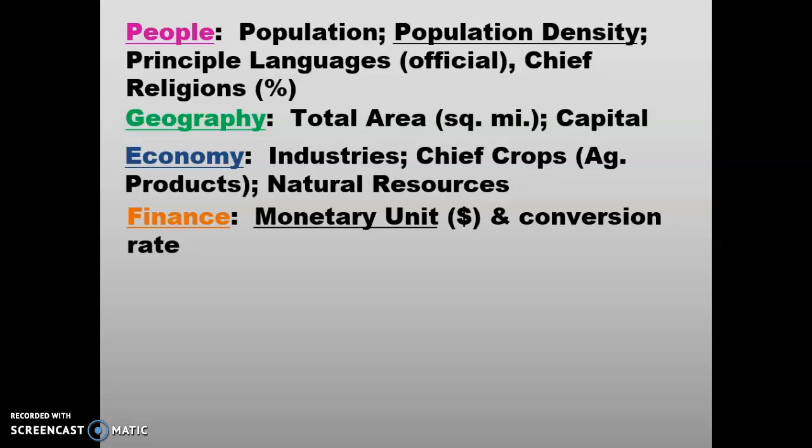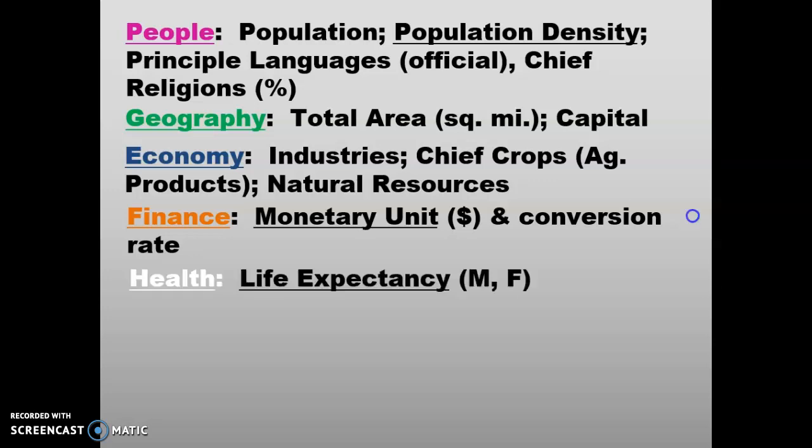I always want it in that style of conversion. I don't want one of their money equals how much in US money, because that's hard to fathom. If I have $1 and 150 whatever monies in another country, pesos or dinars, we can go, wow, only one of ours to 150 of theirs. It tells you a lot about their economy and the strength of their currency in the world market.